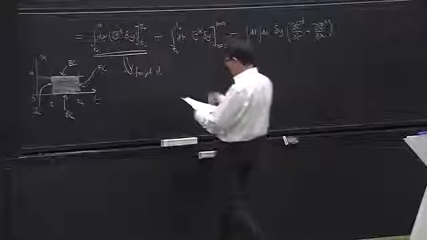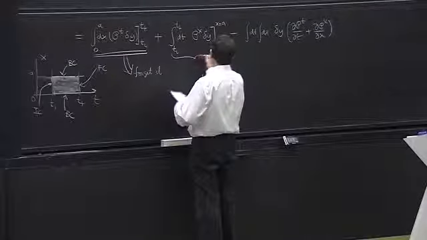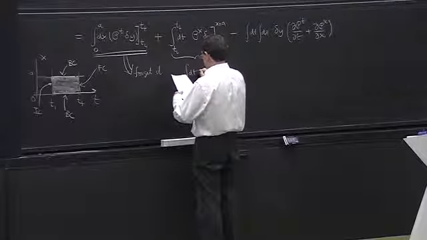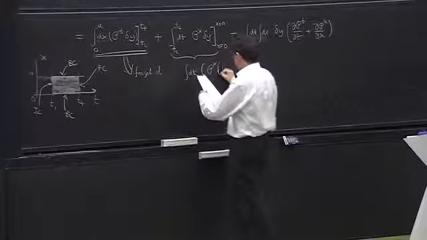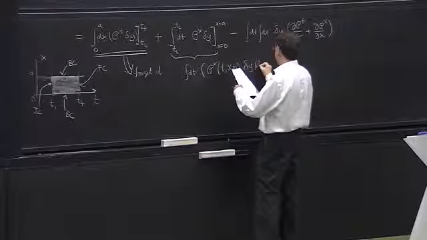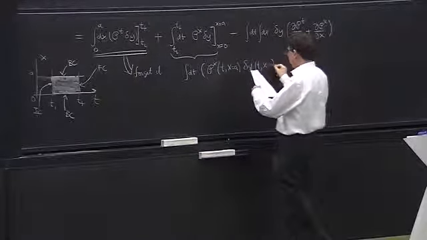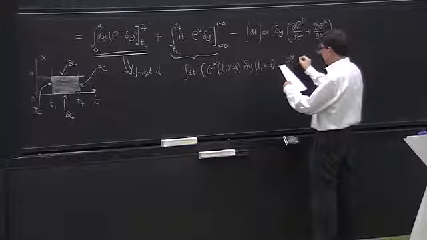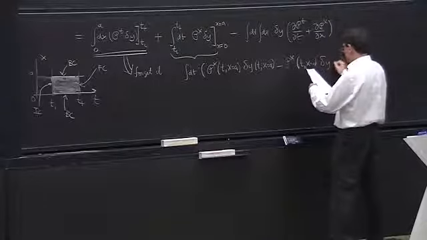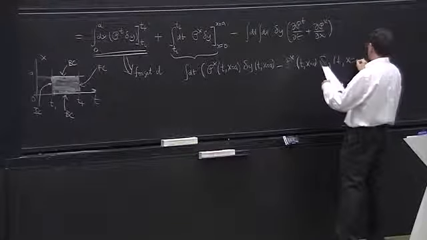So what is this term? The second term is the integral dt of px at t and x equals a, delta y at t and x equals a, minus px at t, x equals 0, delta y at t, x equals 0.